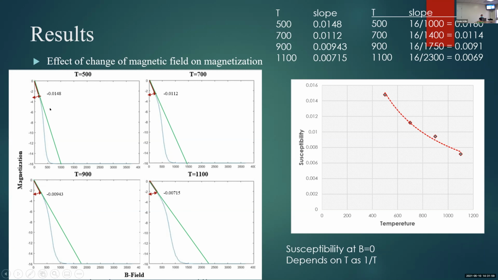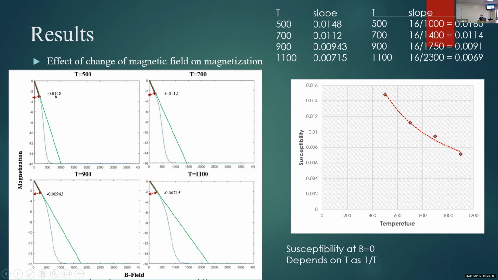Okay. So as you see, I calculated the slope of each figure for each temperature, and in the starting point, which means in a low magnetic field, the relation of magnetization and the change of magnetic field is linear.